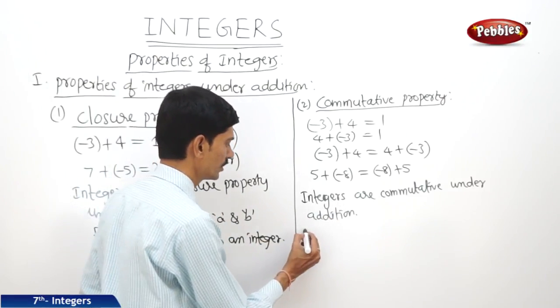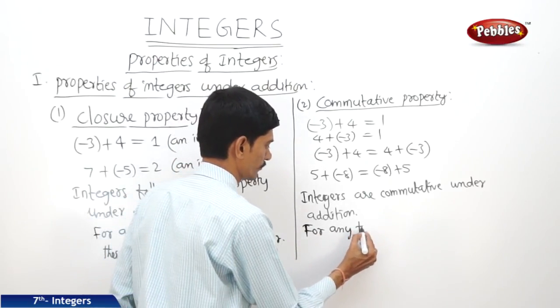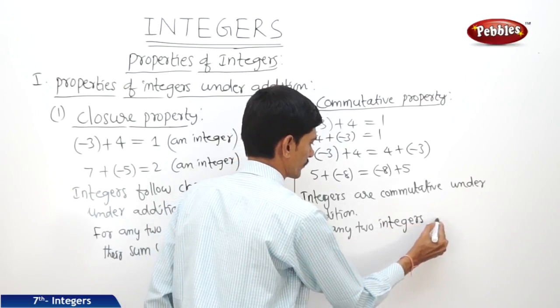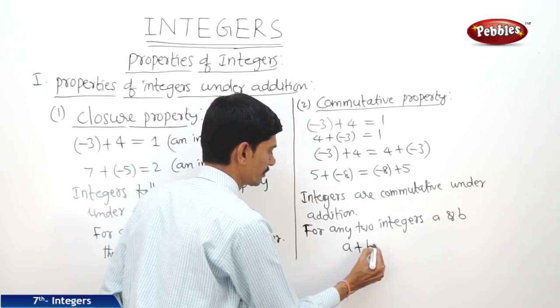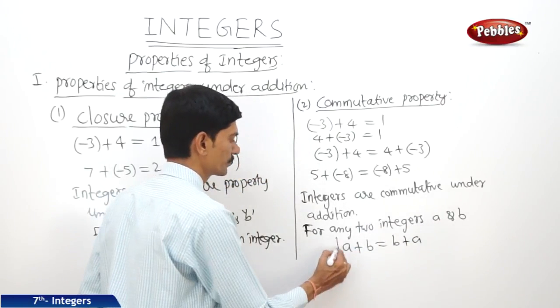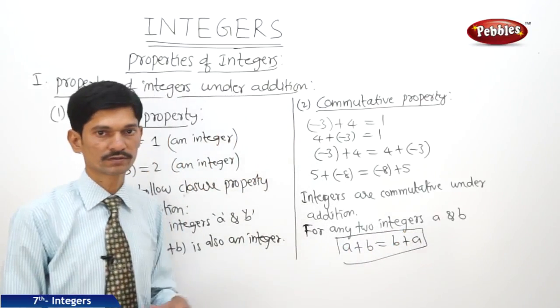So for any two integers A and B, A plus B equals B plus A. So integers follow the closure property and also the commutative property under addition.